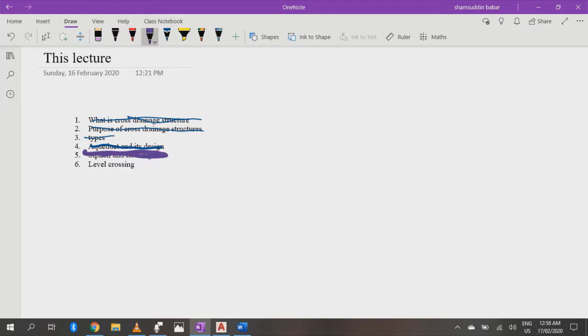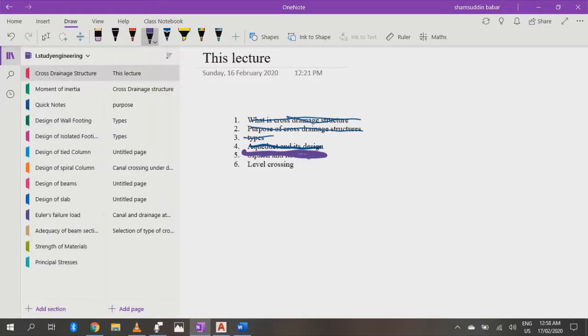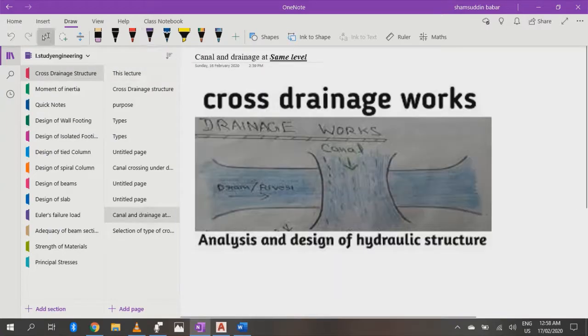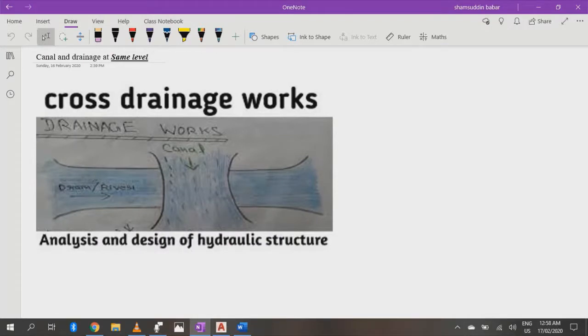Now it's time for level crossing. Level crossing is a structure provided when canal and drainage cross at the same level.